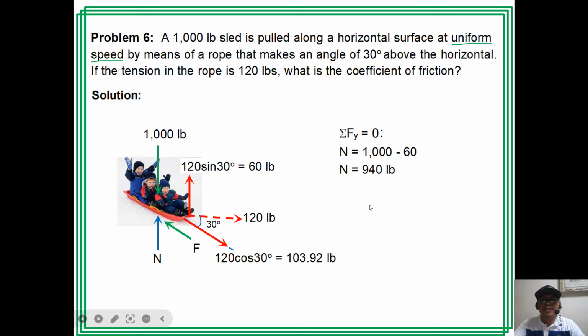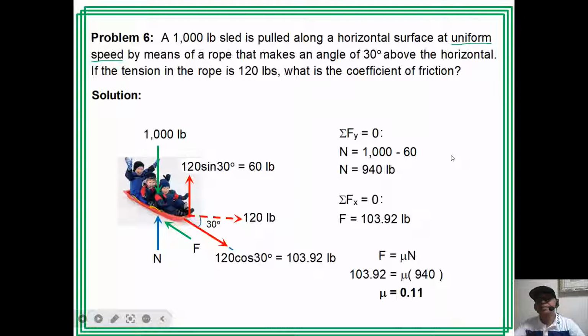Then if you sum up forces along X, friction is equal to this component of the force, 103.92. Then we have N and F. We need to solve for the coefficient of friction. So by the values of F and N, we can solve for the coefficient equal to 0.11.